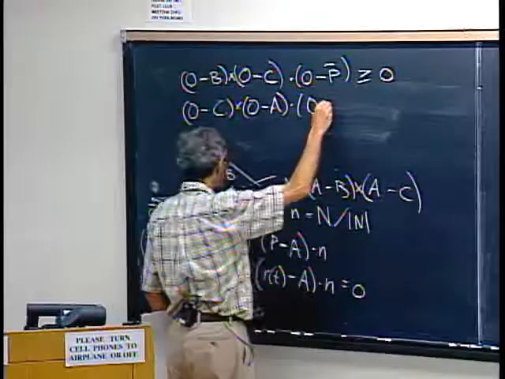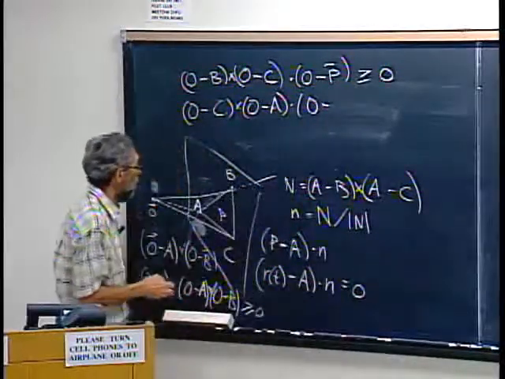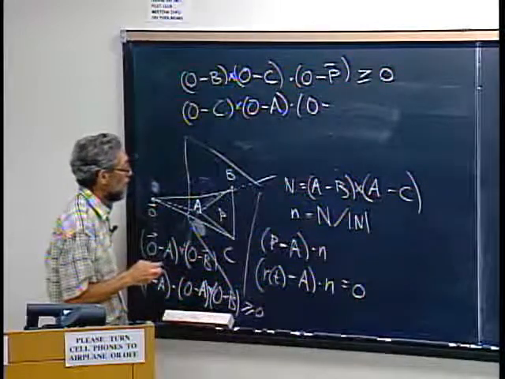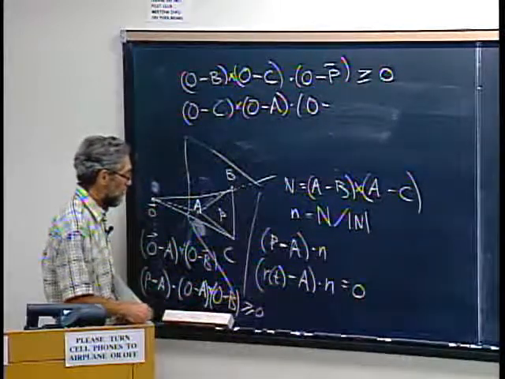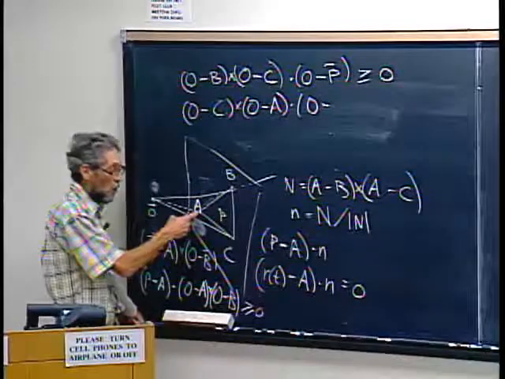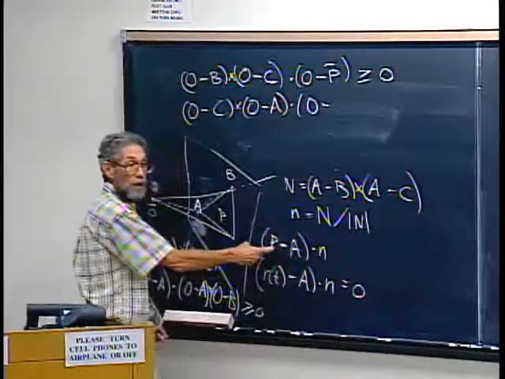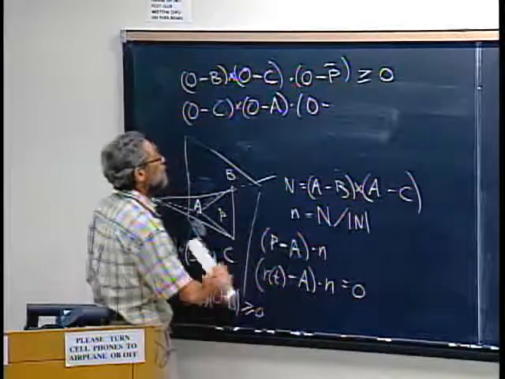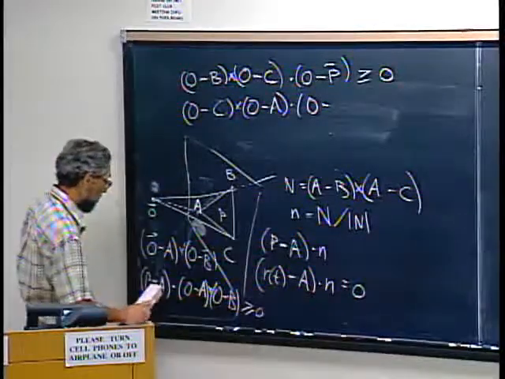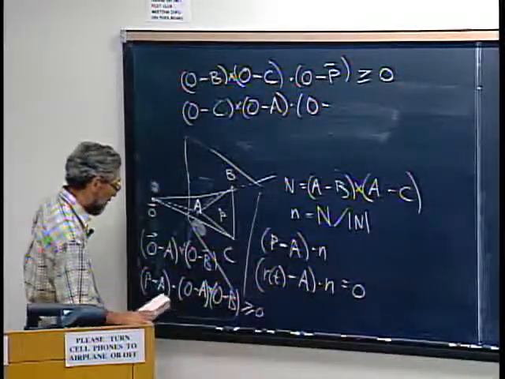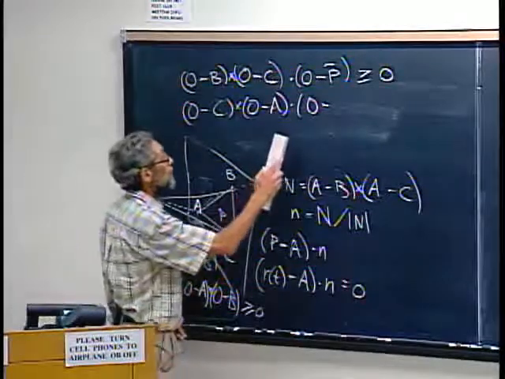Let's see, do I want O minus P or P minus O? I did this backwards, didn't I? I said O minus P, but really it's P minus O. The way I did this is the point on the plane, and this is the point that I'm testing. So each of these was written backwards. I wrote that wrong.